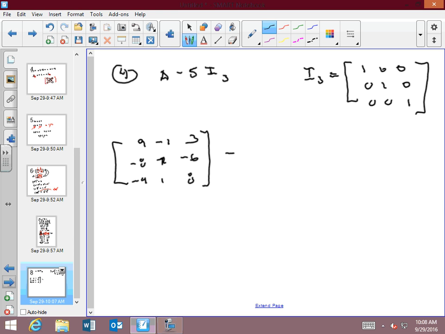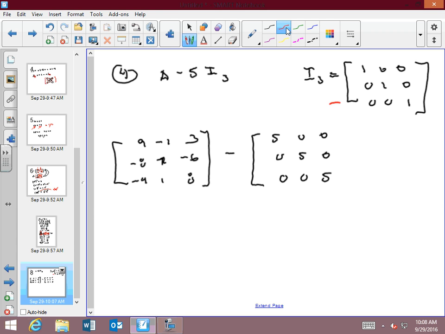Minus, now what I'm going to do is I'm going to run that 5 through this identity matrix here and put it here. So that makes this thing 5, 0, 0, 0, 5, 0, and 0, 0, 5. Now I could have put a plus and made that a minus.